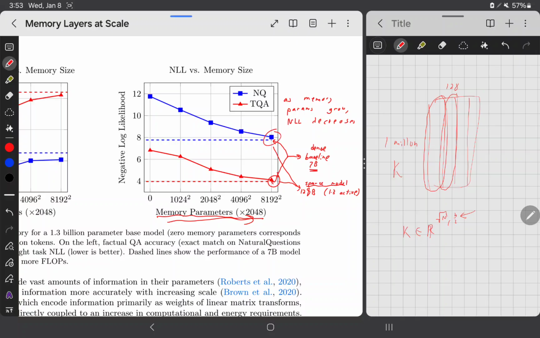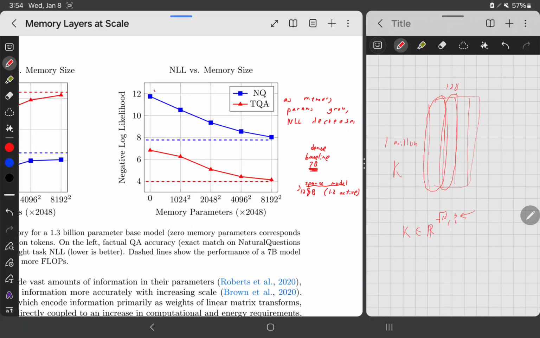the performance starts to go toward a full rank model. So this line here represents the negative log likelihood for our full rank model, 7 billion parameters, while this line here represents the performance of our sparse model, increasing the number of memory parameters here.